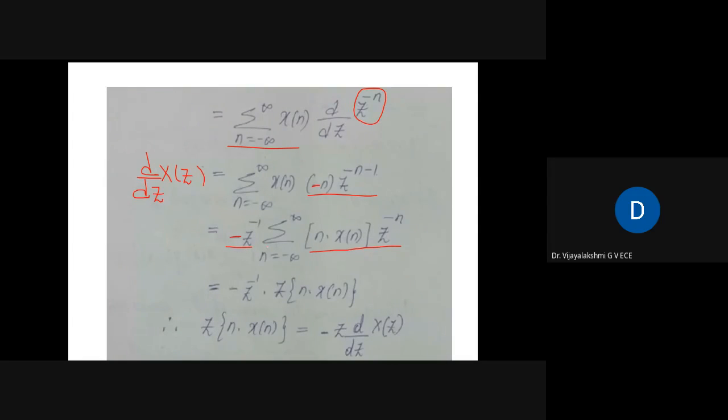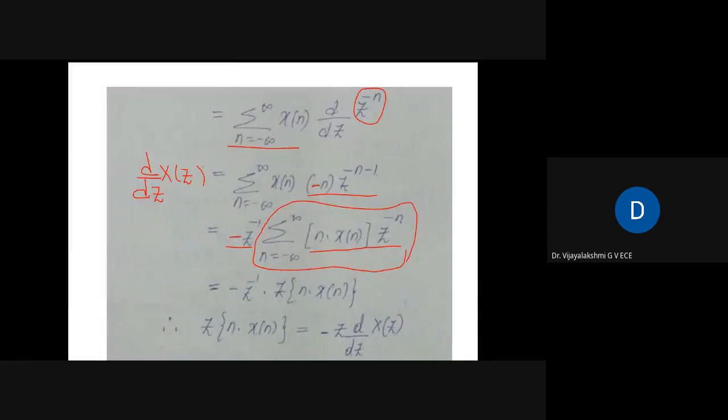Now can you tell what can be substituted in place of this? Now this resembles our Z transform equation. If you just remember, the Z transform of any sequence x of n is nothing but summation of n varying from minus infinity to plus infinity x of n into z power minus n.